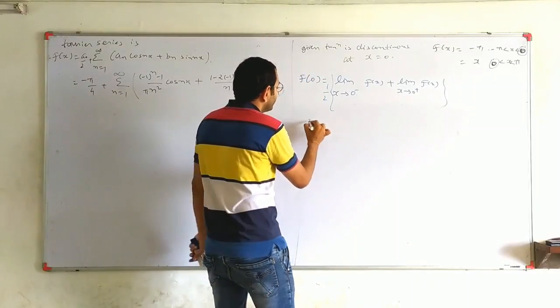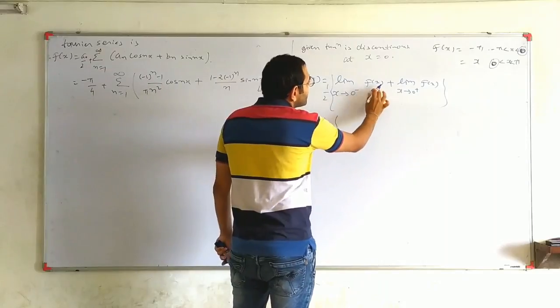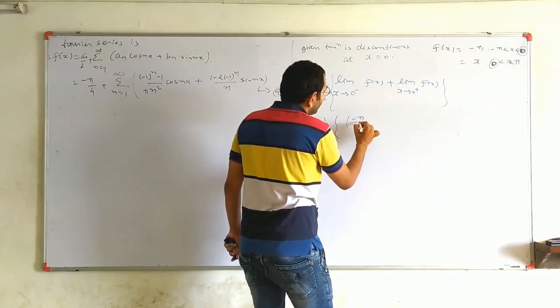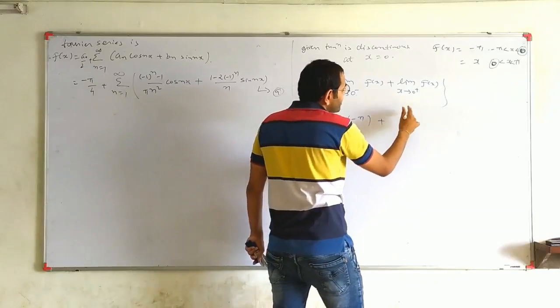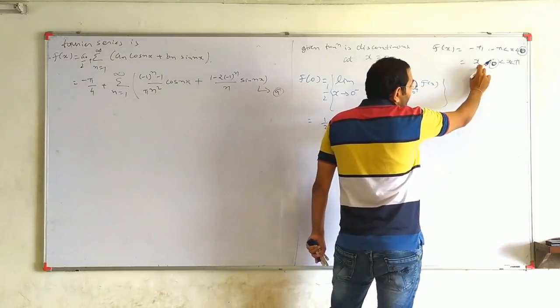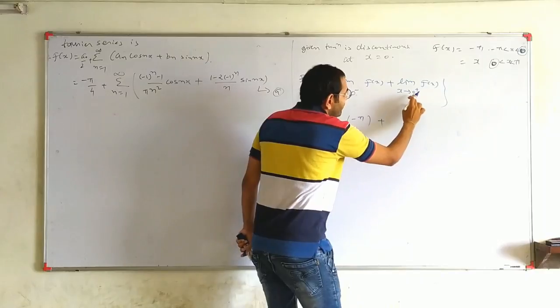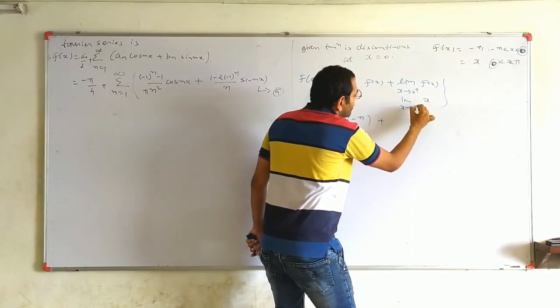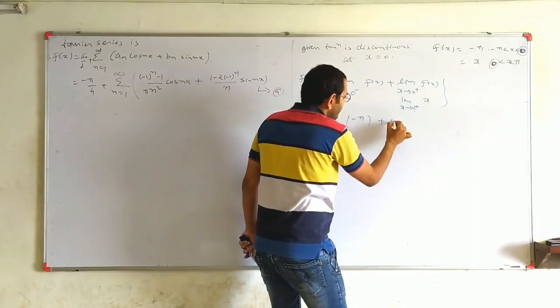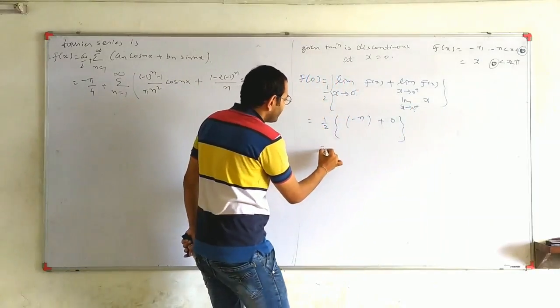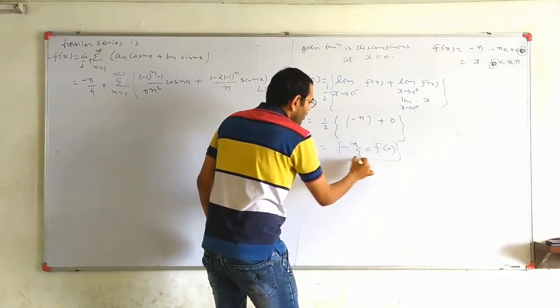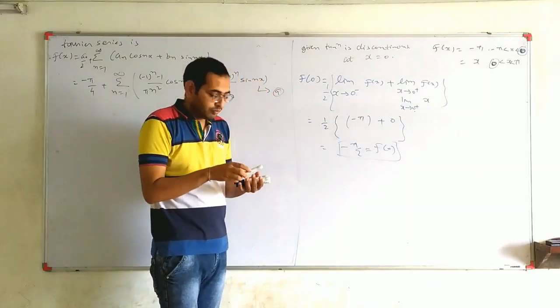Then we get 1/2 of, for 0 minus, the value minus pi, plus for 0 plus the function having value x, substitute x as 0, then we get 0. Then minus pi by 2 is the value of f of 0.